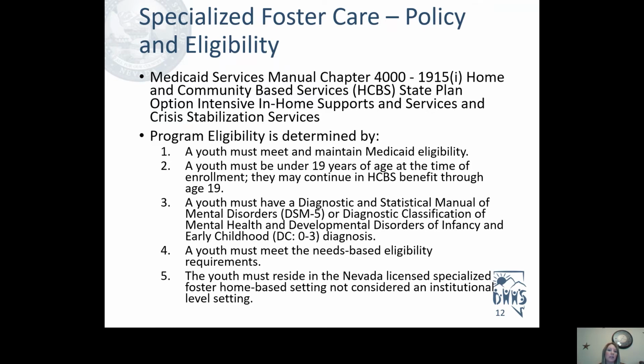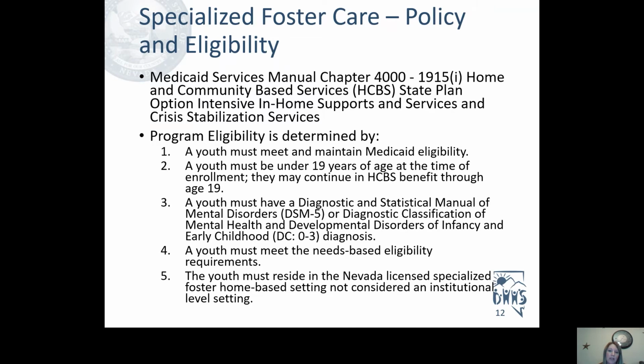The program eligibility for these services is determined by a couple variables. A youth must meet and maintain Medicaid eligibility in order for reimbursement from Medicaid. A youth must be under 19 years of age at the time of enrollment. They may continue in home and community-based benefit through the age of 19.